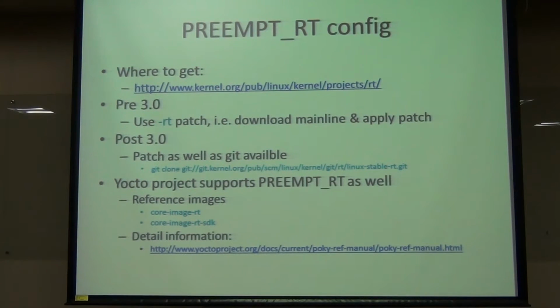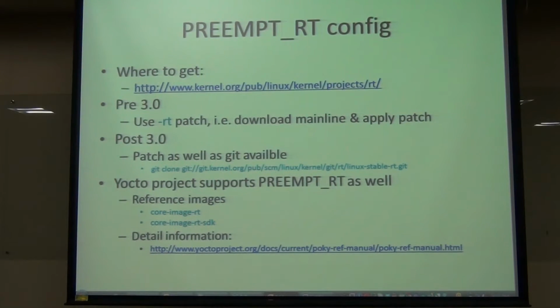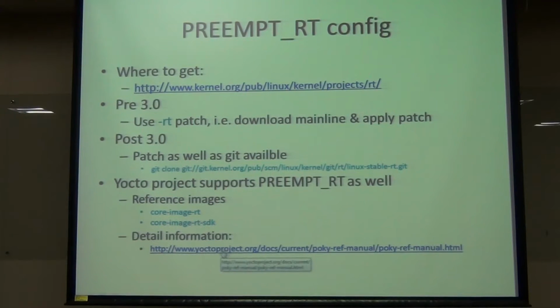So if you download Yocto and set core-image-rt and core-image-rt-sdk, then you can build the whole Yocto-based system with the RT patch set already enabled. Here's the link so that you can check out the reference images.